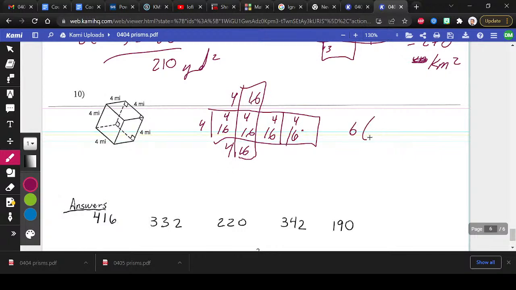So there's 6 16s. And 6 times 16 is 96. So we're looking at 96 miles squared. So that, I believe, does it for the assignment from April 4th.